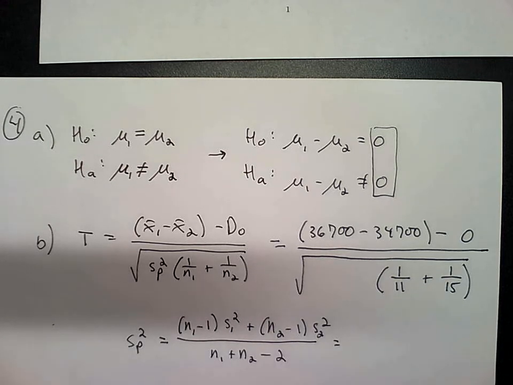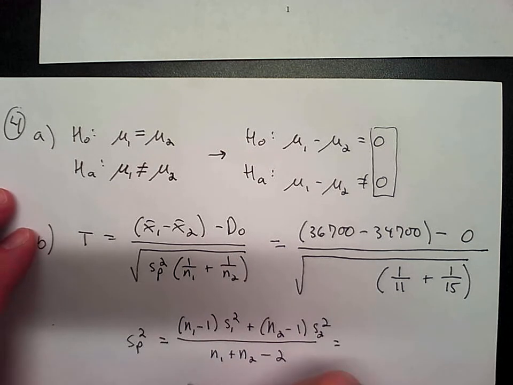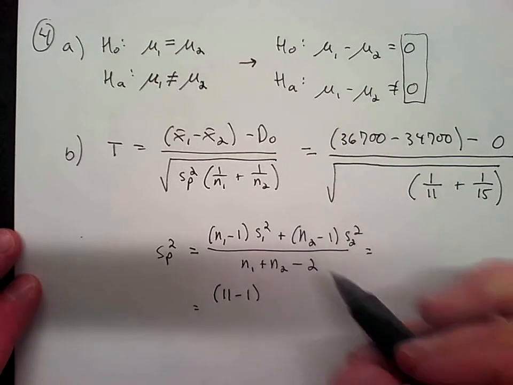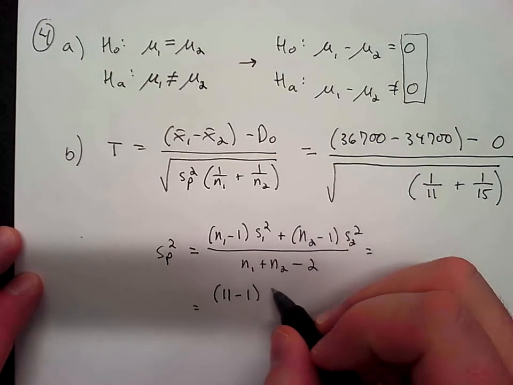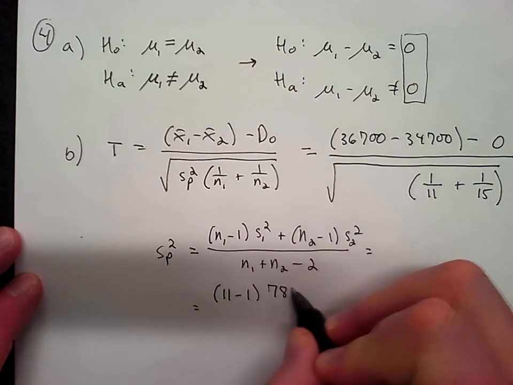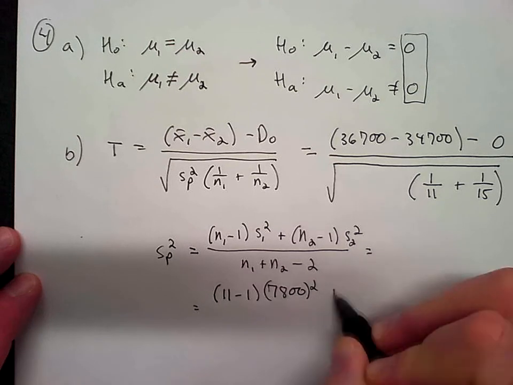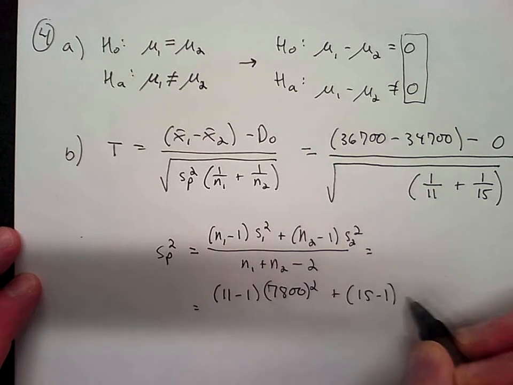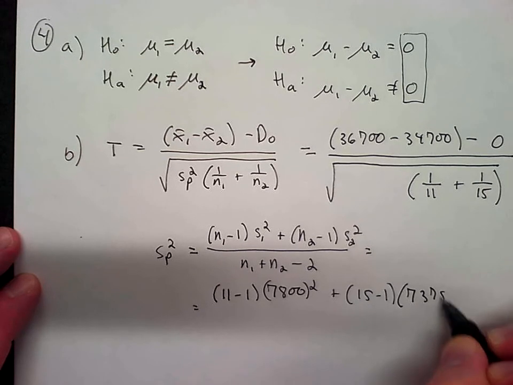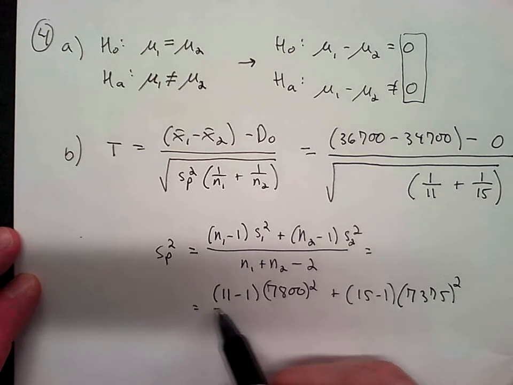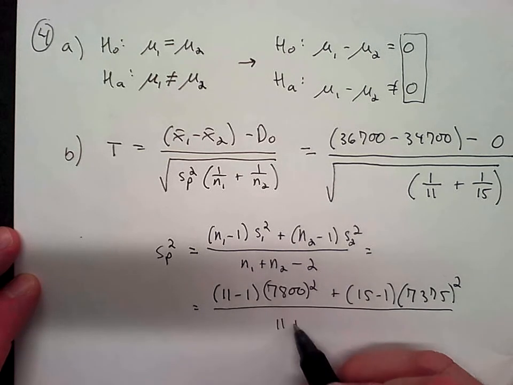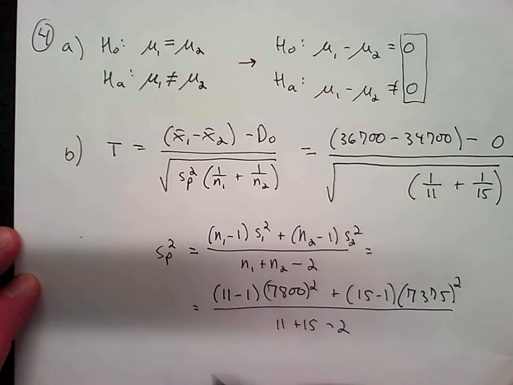All right, but we know the numbers for this. Let's go ahead and plug in the numbers. We have little n1 is 11 minus 1 times s1 squared, and s1 is 7,800 quantity squared, plus 15 minus 1 times s2 squared, which is 7,375 squared, divided by n1 plus n2 minus 2.